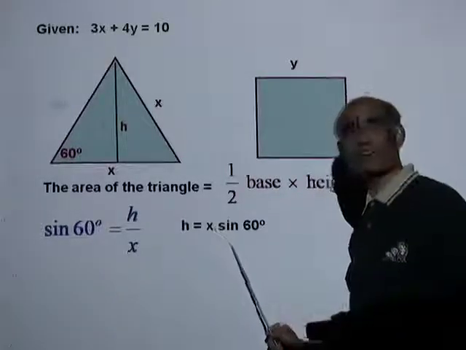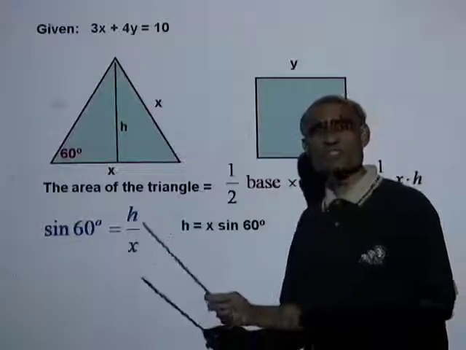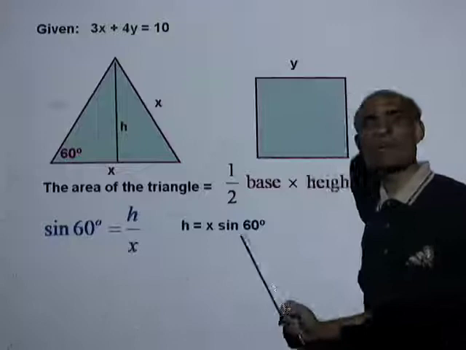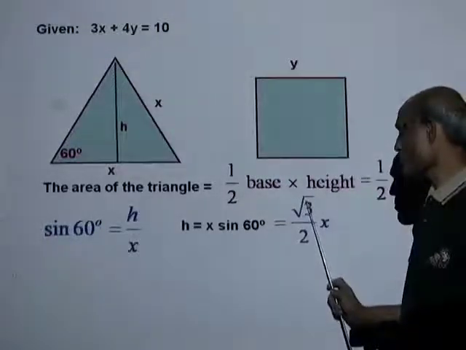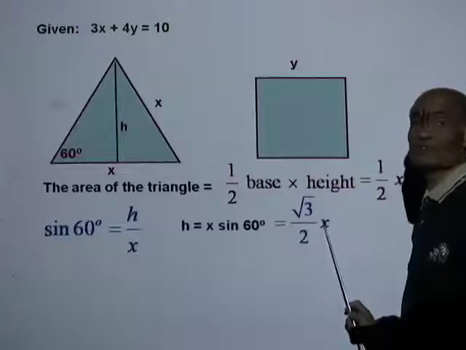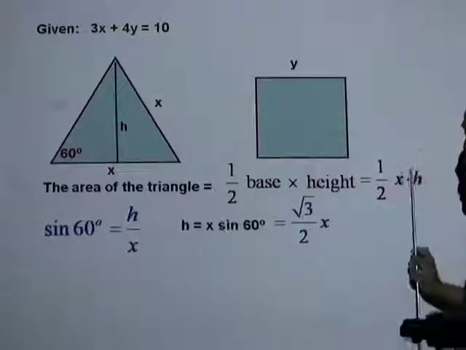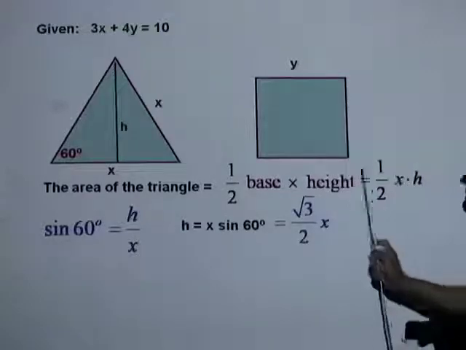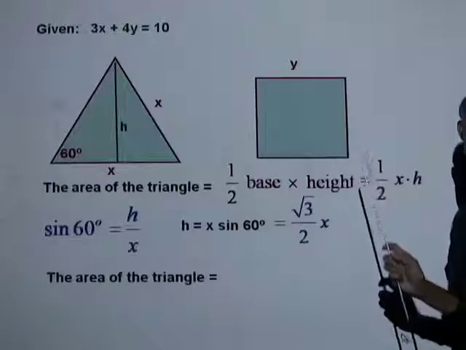And what is the value of sine 60 degrees? Sine 60 degrees is square root 3 over 2. And so, we have h equal to square root 3 over 2 x. We can now bring this value of h in here, and that will give you the equation for the area of the triangle.